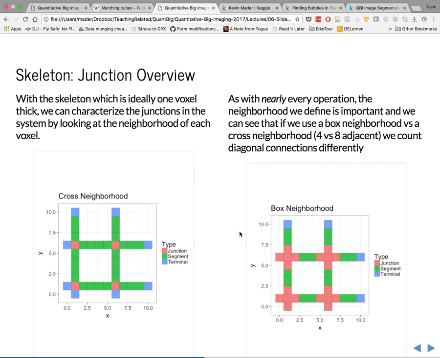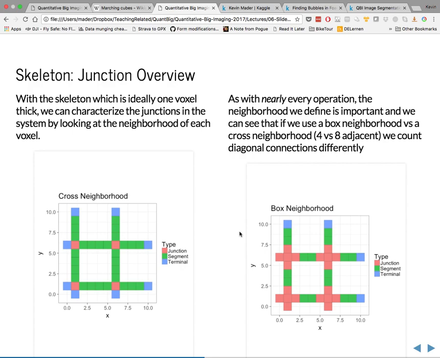You can also use different neighborhoods to start to look at different values in this image. And so if you use a box neighborhood instead of a cross neighborhood, so the cross is just the one above, one below, the box would be including the diagonals as well, then you start to get sort of different values for what points are junctions and which points are not junctions.